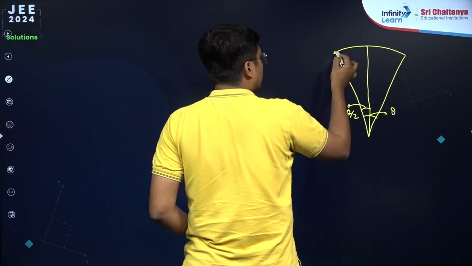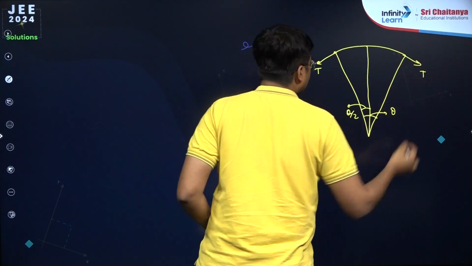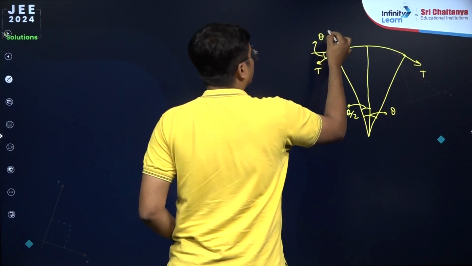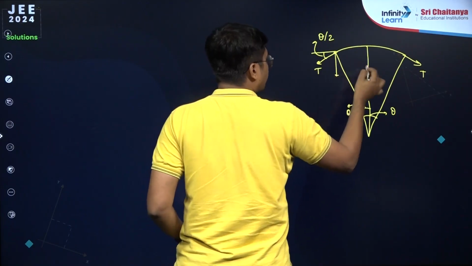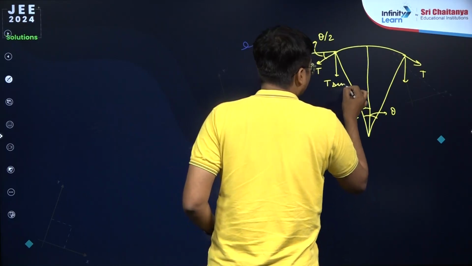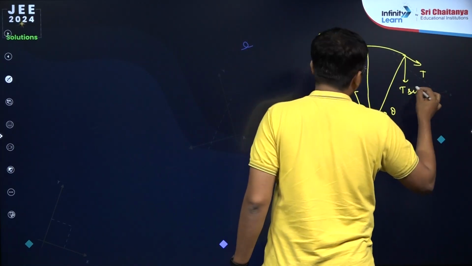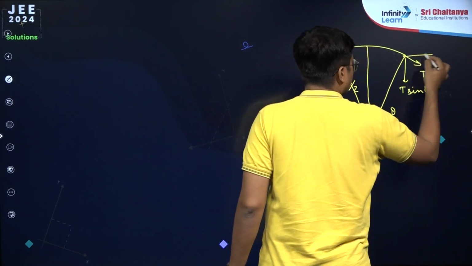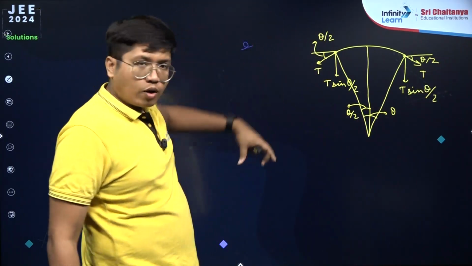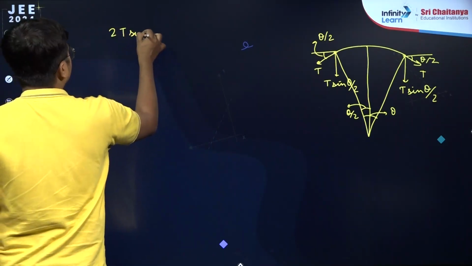Now the tension over here pulls in these directions, and this angle here would be theta by 2. So the force that pulls this piece downwards is T sine of theta by 2 on this side, and also T sine of theta by 2 on this side, because this angle will also be theta by 2. So the net downward force, the force that's pulling it inwards, is 2T sine theta by 2.